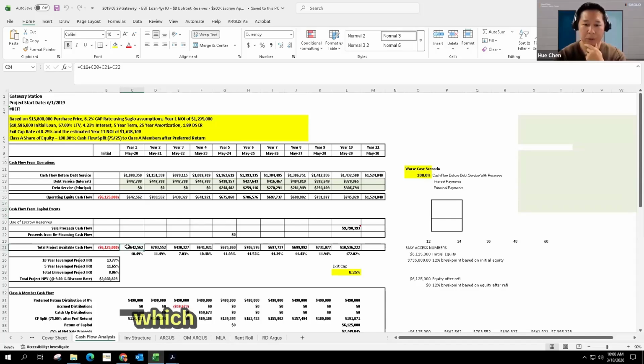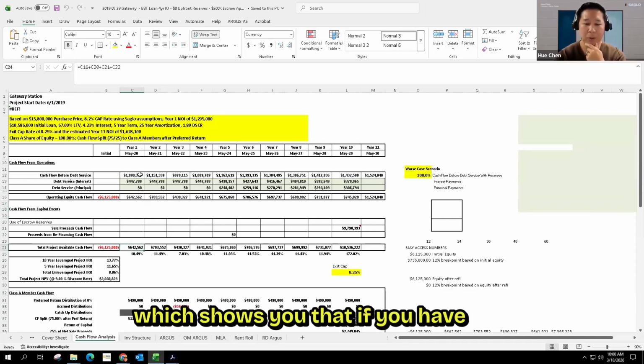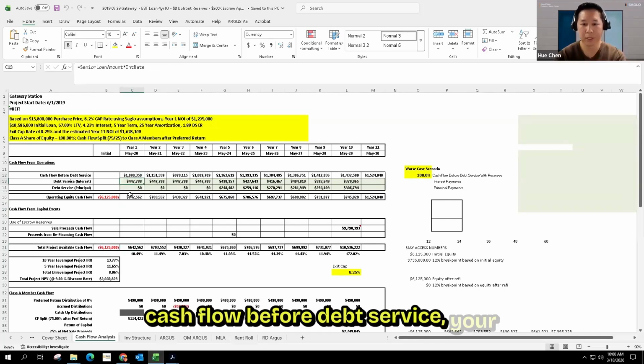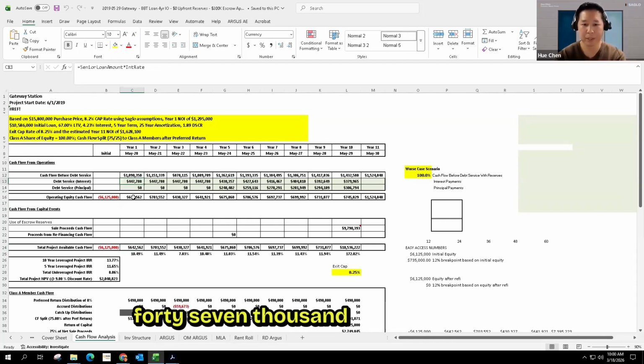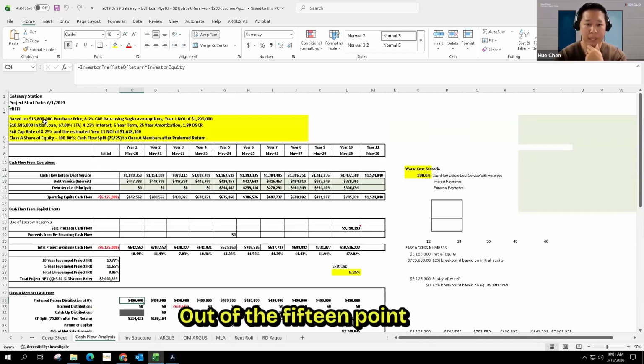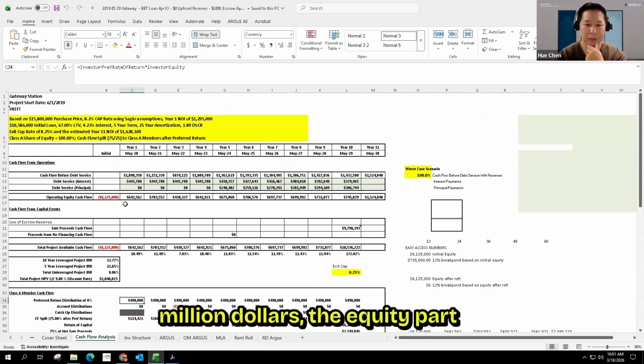So, which shows you that if you have $1,090,000 of cash flow before debt service, and your debt service is $447,000, that means you have $642,000 of cash flow for distributions. Out of the $15.8 million, the equity part of it was $6.125 million.